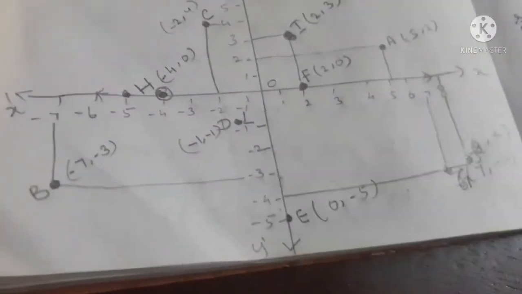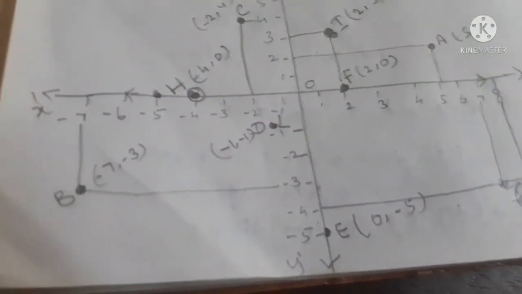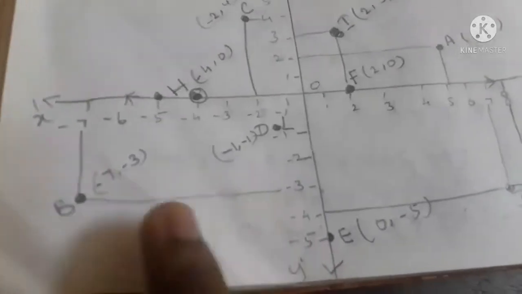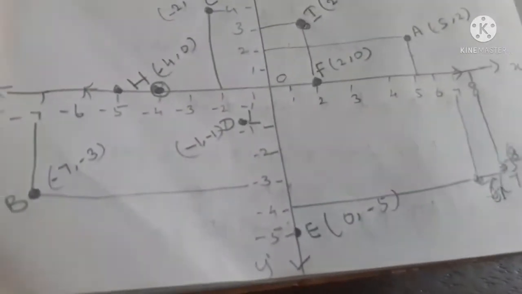So 7 is the part of the x-axis, therefore the point will be 7 centimeters away from the y-axis, and the y coordinate is given minus 3. I am not taking minus here. I've just found this is the third quadrant, so I don't need minus now.